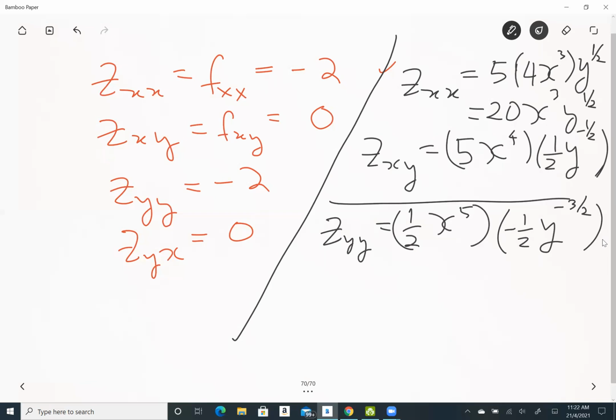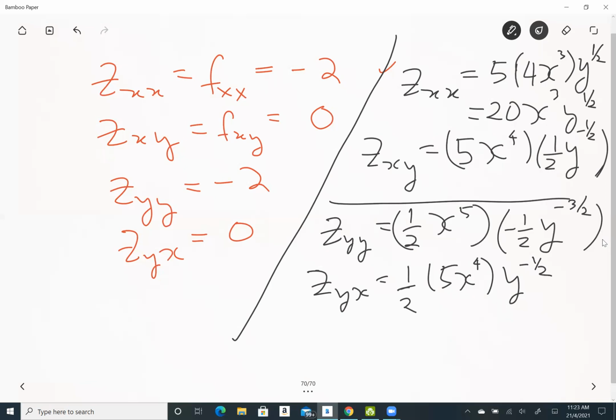Okay, all right. Now zyx, differentiate zy with respect to x. Now x is the variable. So you get half multiplied by 5, reduce the power by 1, so x to the power 4 multiplied by y to the power of negative half.